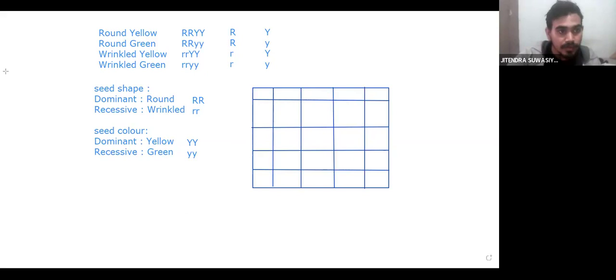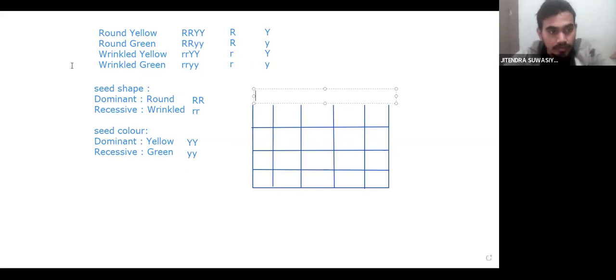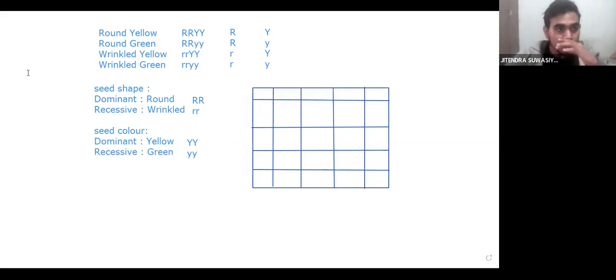So what will happen now? We will fill in the values. Capital R, capital R, small r, small r. After that, capital Y, small y, capital Y, small y.